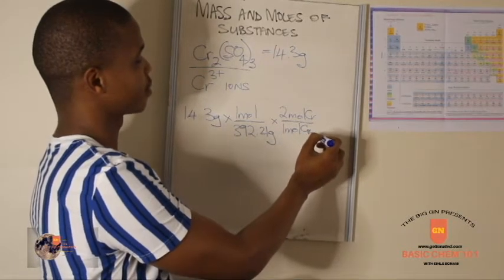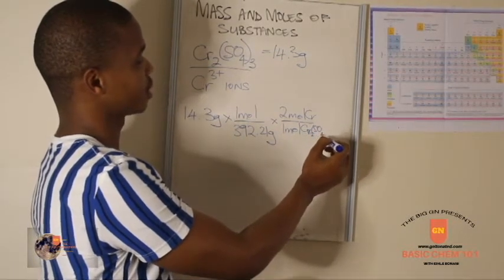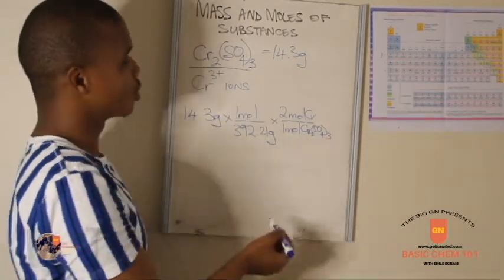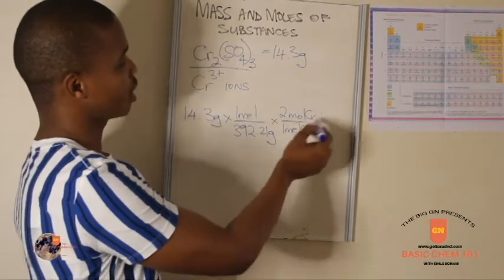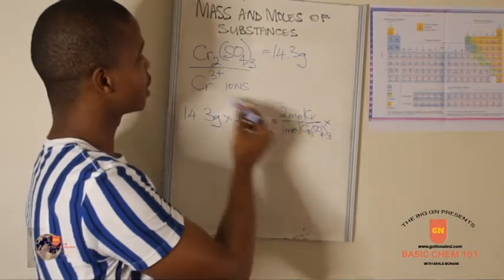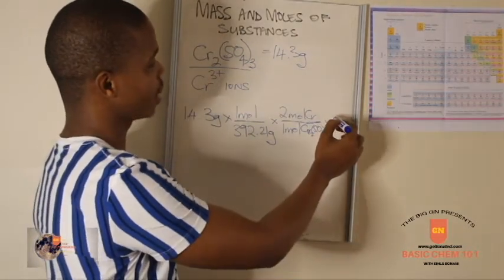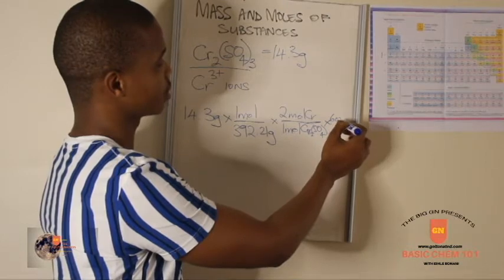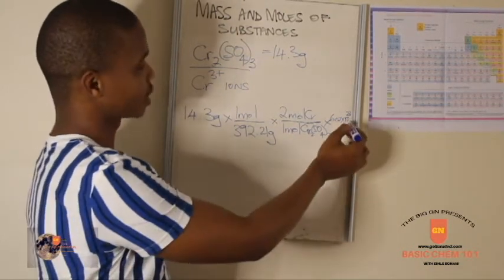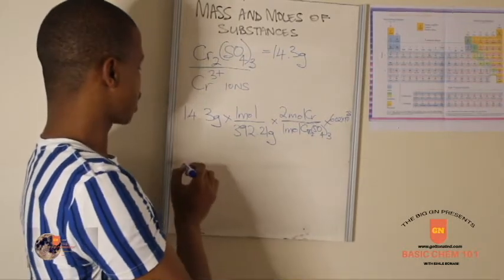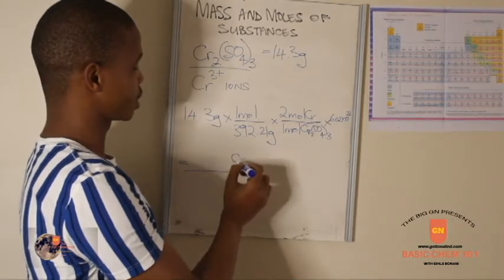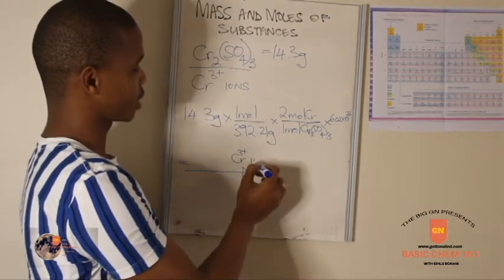Then you have moles of chromium sulfate, and from there you can calculate the number of chromium ions by multiplying by 6.02 times 10 to the power 23 ions. So you would get your answer. This would be your chromium 3+ ion.